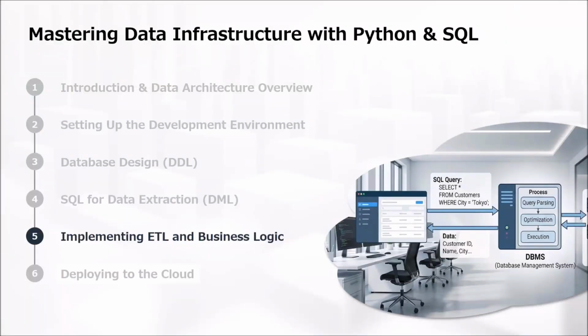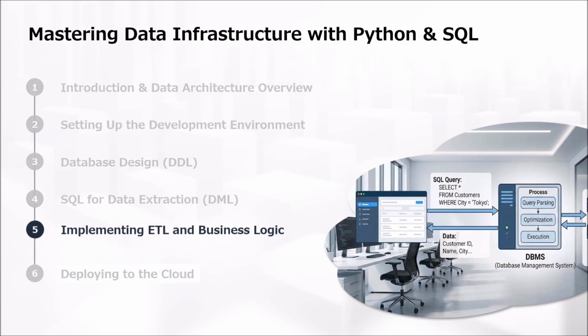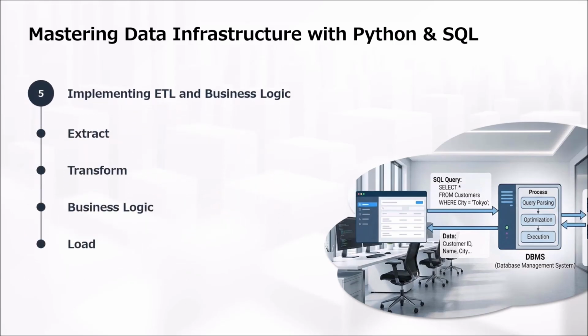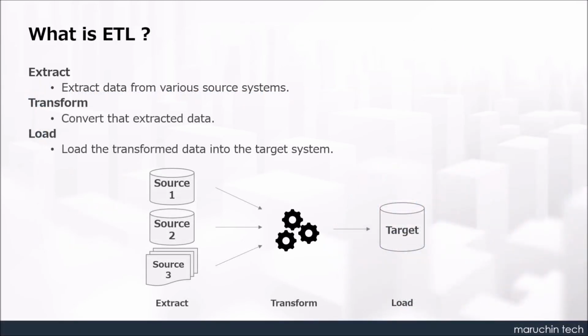Next is section 5, implementing ETL and business logic. In this section, we will perform ETL processing on our data using Python. First, let's introduce ETL. ETL stands for extract, transform, and load. Extract refers to extracting data from various source systems such as databases and applications.